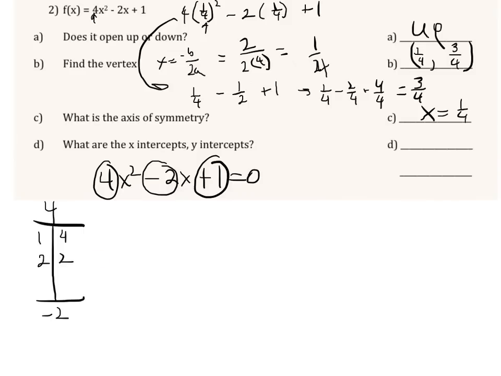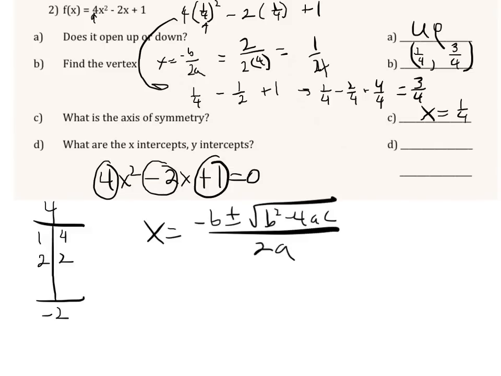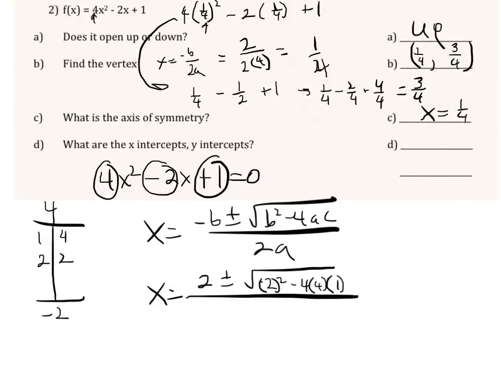So then I need to use x equals opposite b plus or minus the square root of b squared minus 4ac all over 2a. Okay? And I plug in x equals 2 plus or minus the square root of negative 2 squared minus 4 times 1 all over 2 times 2.